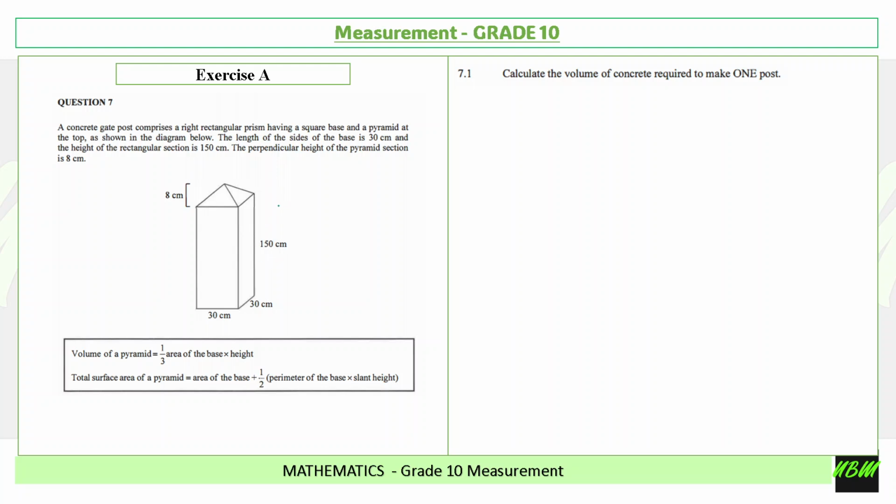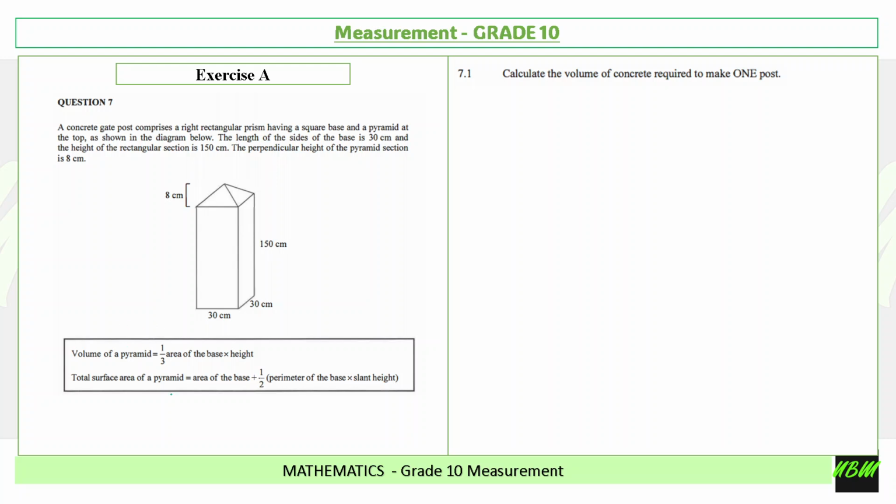So on the post, we have this rectangular section, which has a height of 150 centimeters, and the perpendicular height of the pyramid section, this is our pyramid section on top of the rectangular section, is 8 centimeters.